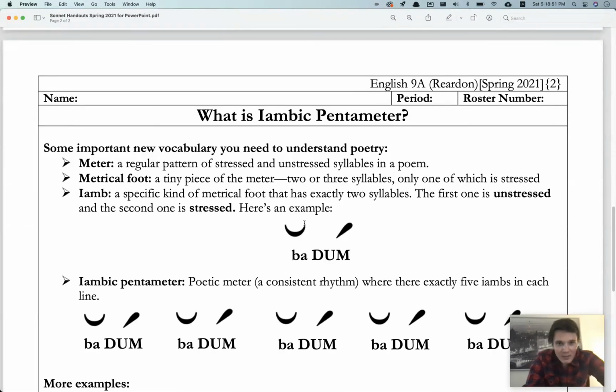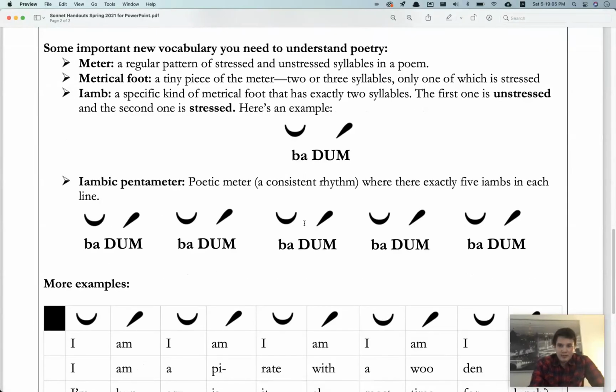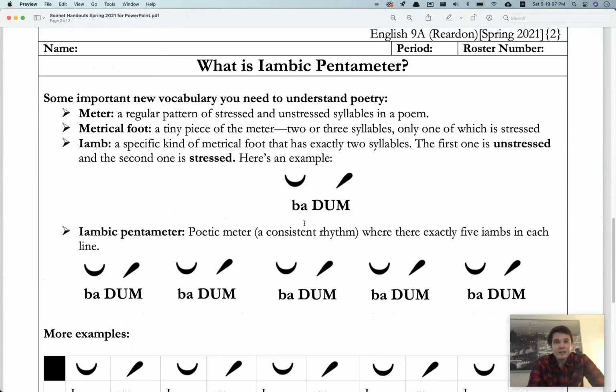So what is iambic pentameter? It is so essential to understanding what's going on, like why Shakespeare writes things the way he does. A few more little pieces of vocabulary before we get into exactly what it is. You need to know these things.